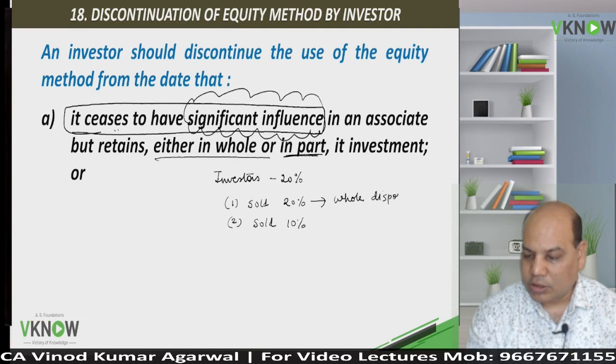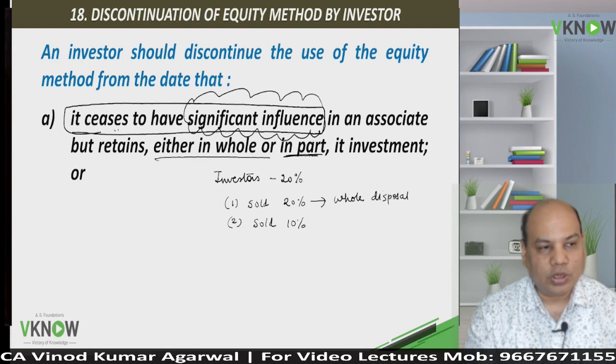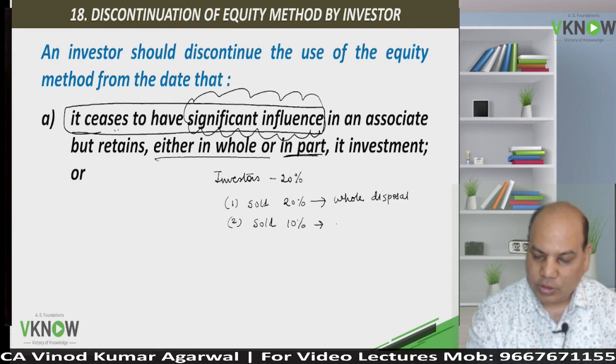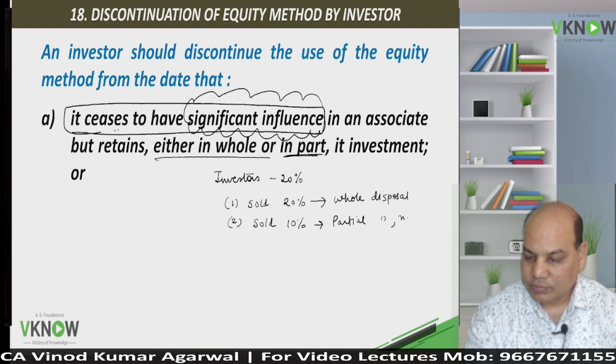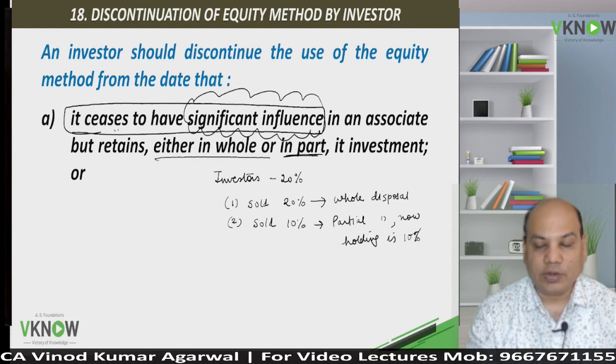Now you are holding nothing, so there is no question of applying the standard. This is partial disposal: now you are holding only 10%, but 10% does not give you significant influence.